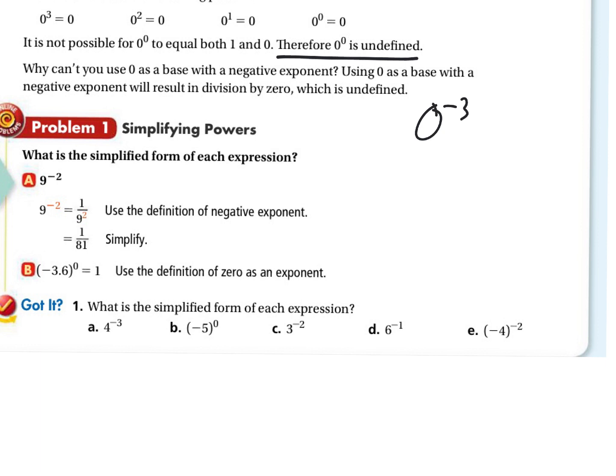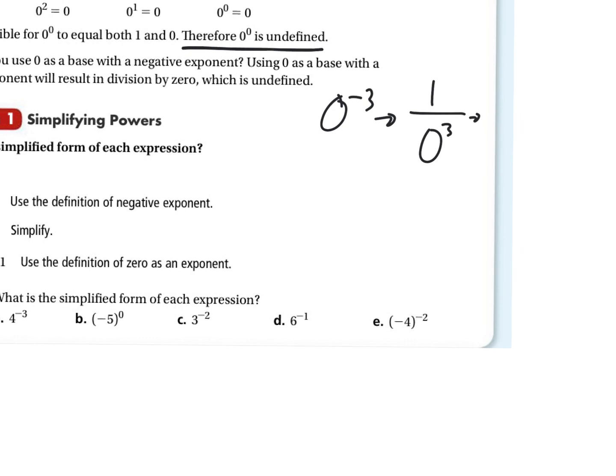Like if you had 0 to the negative third power, that would be 1 over 0 to the third power. 0 times 0 times 0 is 0, so that'd be 1 over 0. And like we talked about when we did slope and stuff, if you have a 0 in the denominator, that's undefined. So we can't have 0 to the 0 power. Also, we can't have 0 to negative powers.